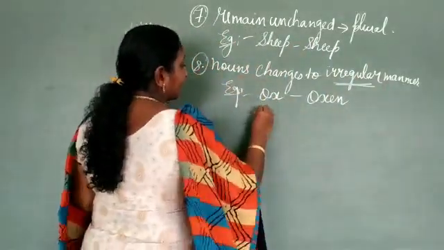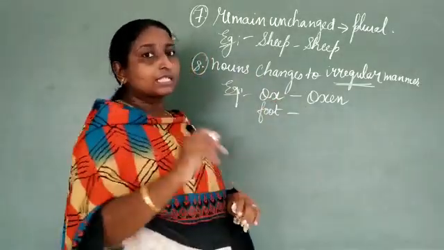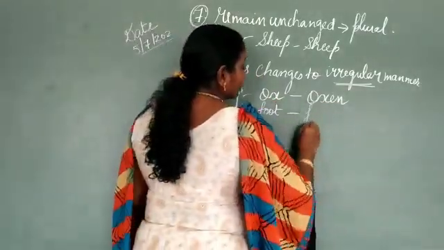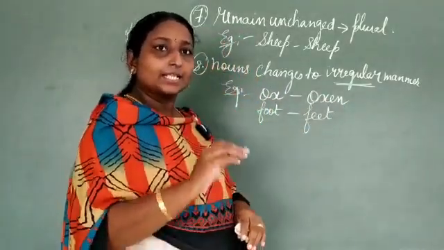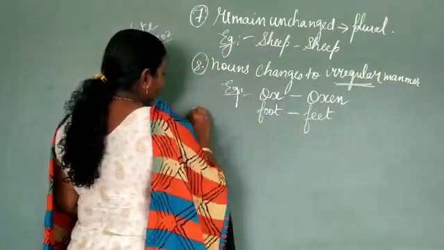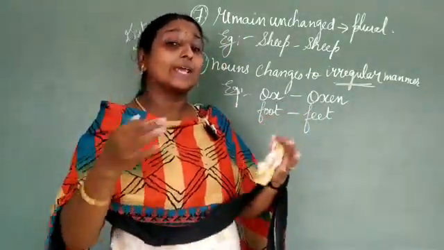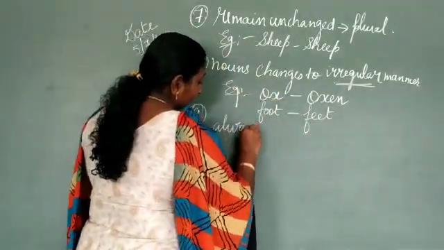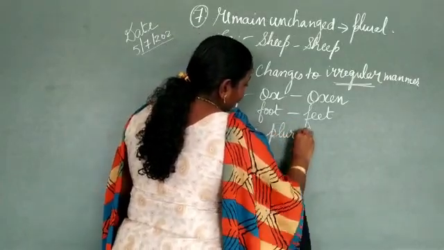One more example I can give you is foot. Foots, I won't say for the plural. It's totally changed. It becomes feet. Understood? In the same way, the ninth point is that some of the nouns are always plural. It's always plural.